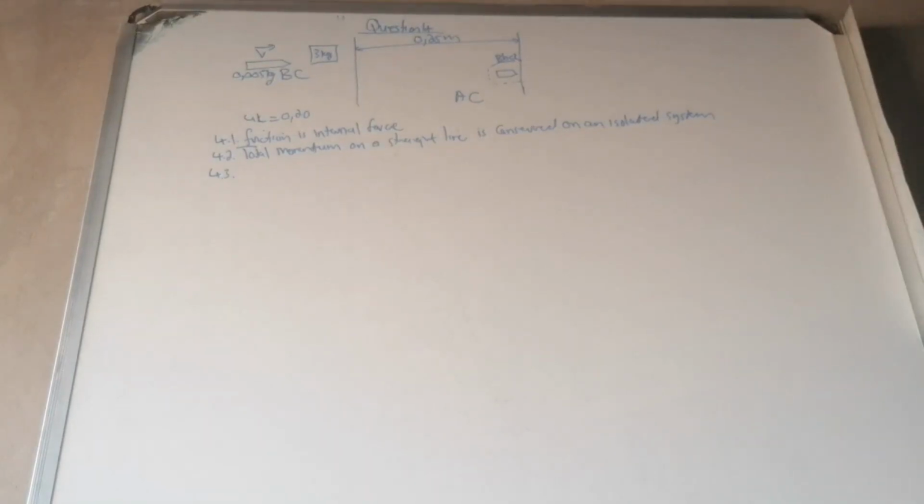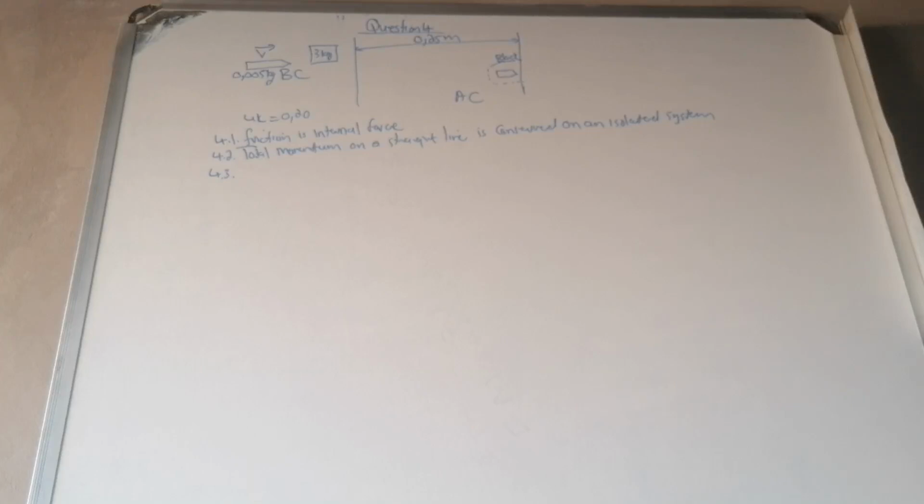And now what they want, are we given any velocities? A 0.005 kilogram bullet is fired horizontally into a 3 kilogram wooden block resting on a horizontal surface. The bullet remains embedded in the block, which is observed to slide 0.25 meters along the surface before stopping.